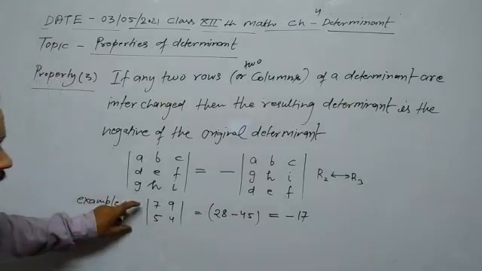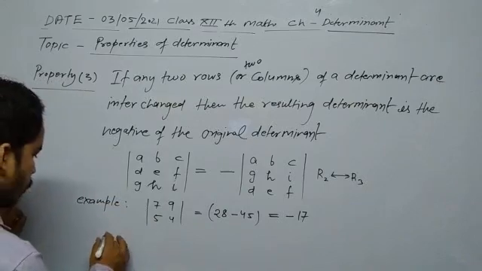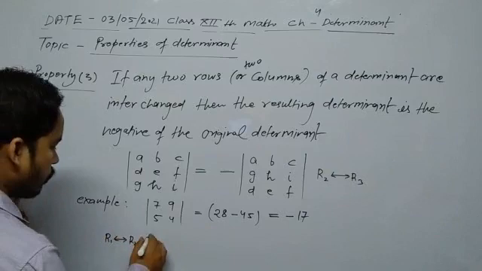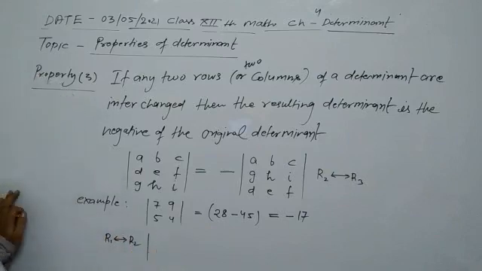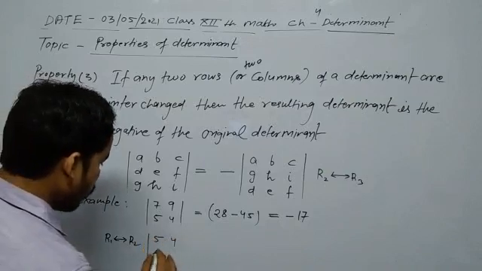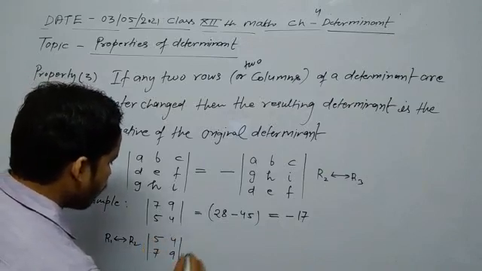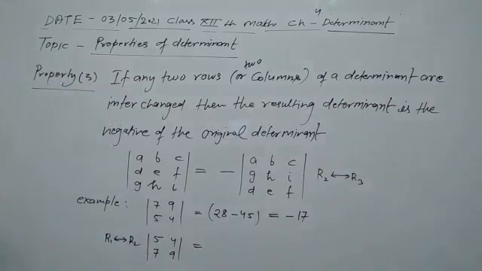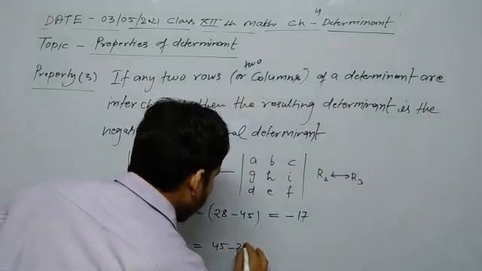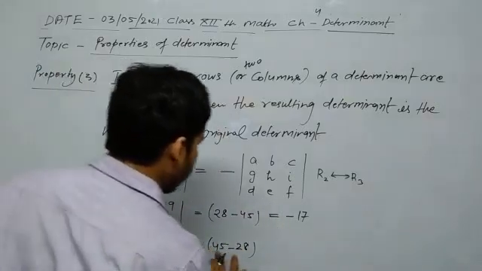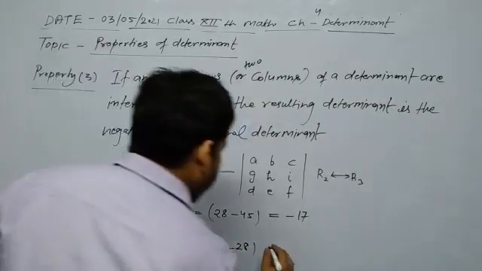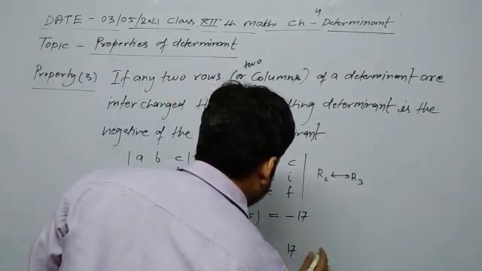So when you interchange R1 and R2, suppose R1 interchange R2, then its result will be the determinant 5 4 / 7 9. Result is 45 minus 28, and its result is 17.